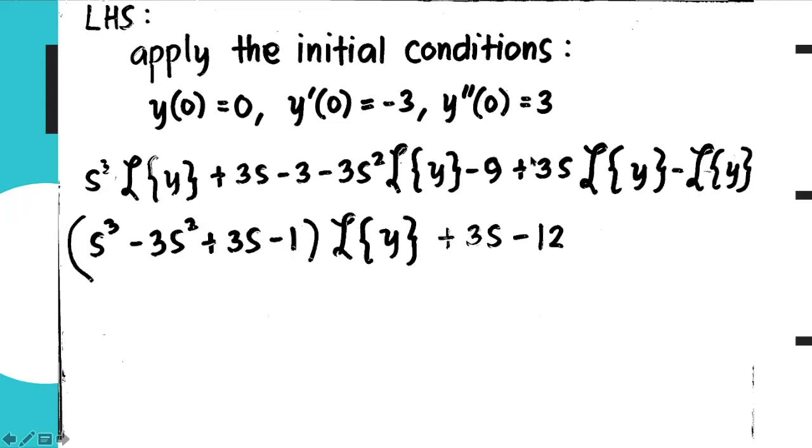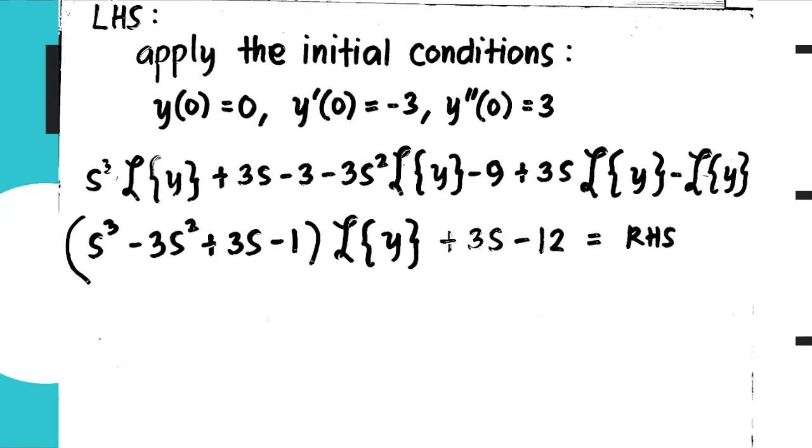Plus 3s, galing yan dito, and then minus 1. So this is now the factored form Laplace of y times this polynomial here. And then here you have to combine like terms if there are like terms. Itong 3s, wala siyang kapareho, so just copy 3s. You have -3 minus 9, so you have -12.